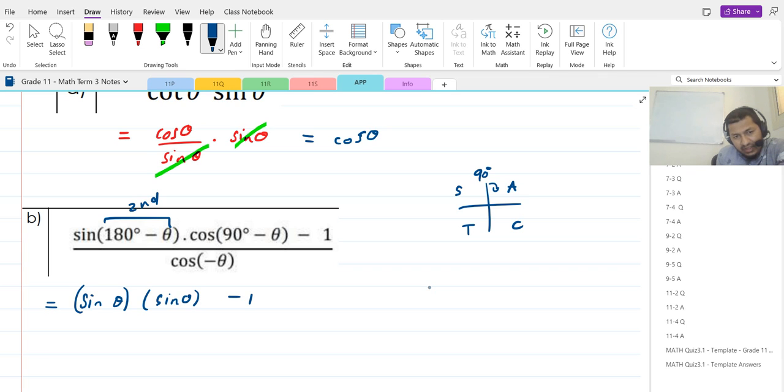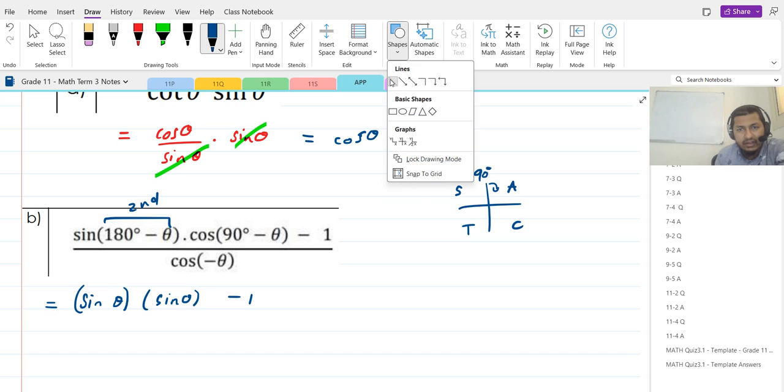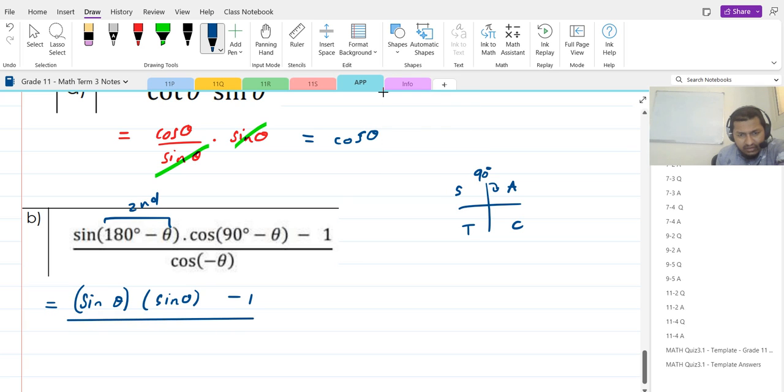And then we have minus 1 divided by, what is cos of negative theta? Which quadrant is this in? There are many ways of doing this. Remember this is the zero line. If I just go back, that's negative theta, in the fourth quadrant, and cos is positive in the fourth quadrant. So the answer is positive cos theta.